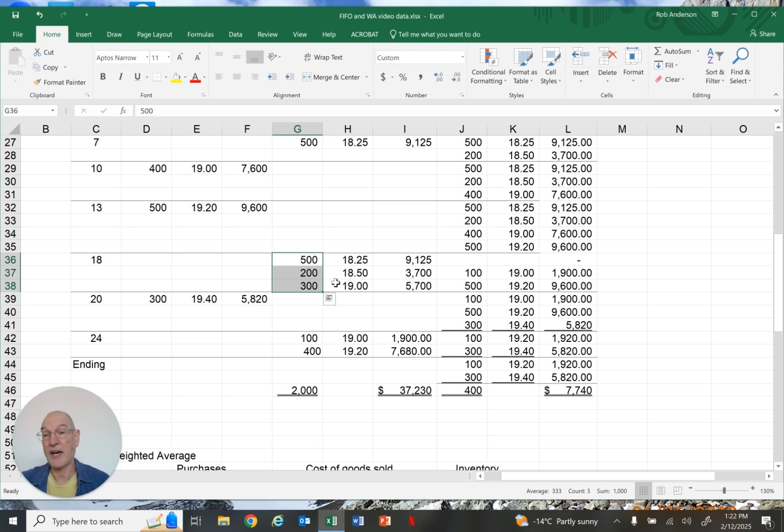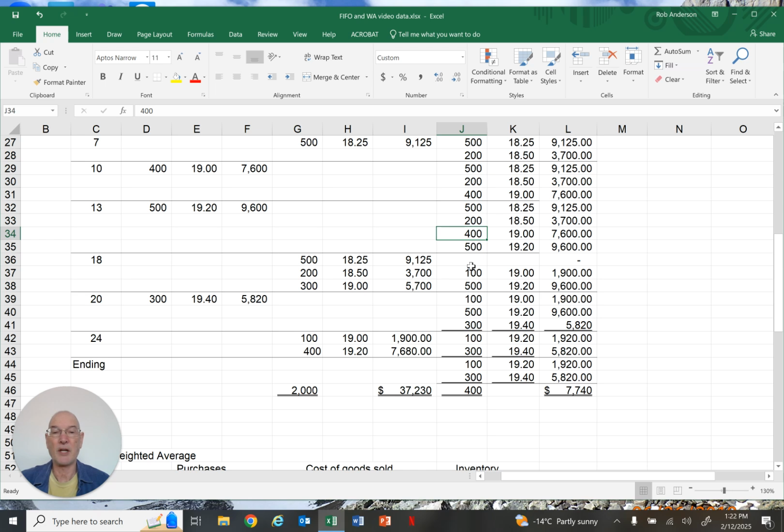What we do is we take 500 from the oldest cost here, and then 200 from the next oldest cost. There's these two lines that equal these two lines. Now that accounts for 700. We need 300 of these units from the May 10 purchase. So 300 of those lets us add up to 1,000.